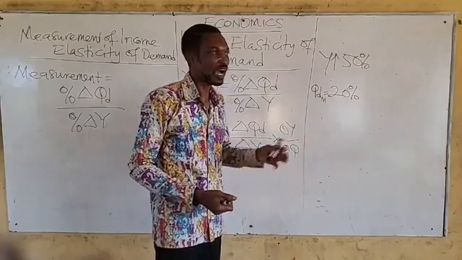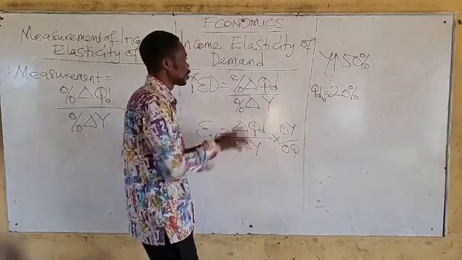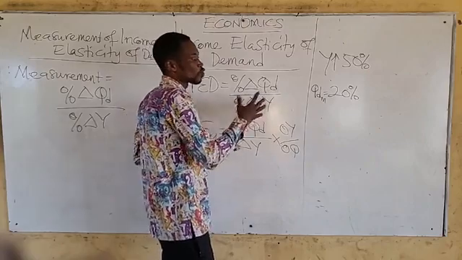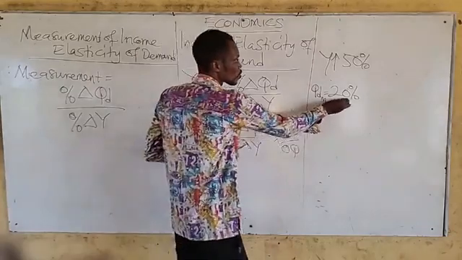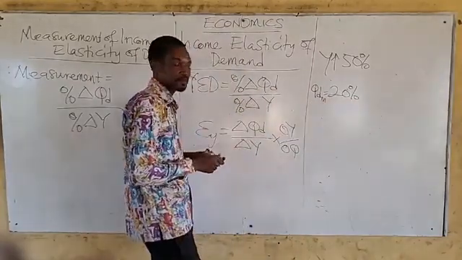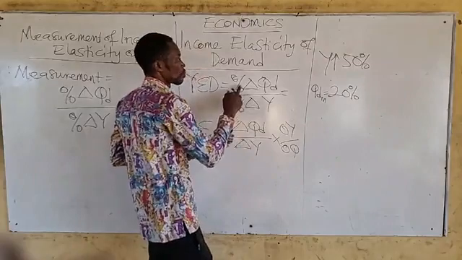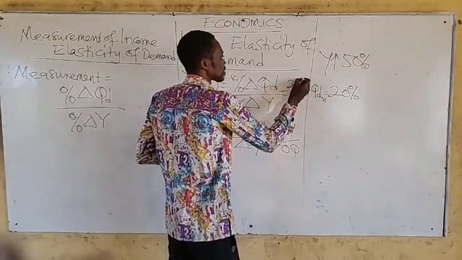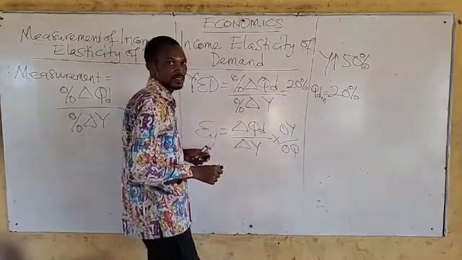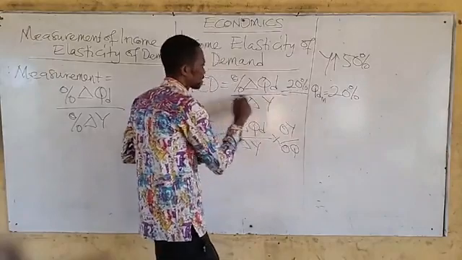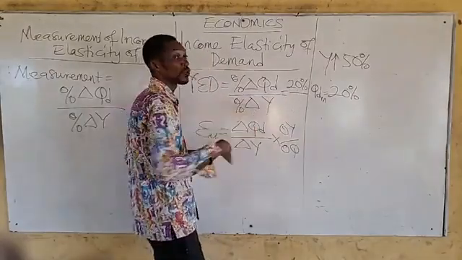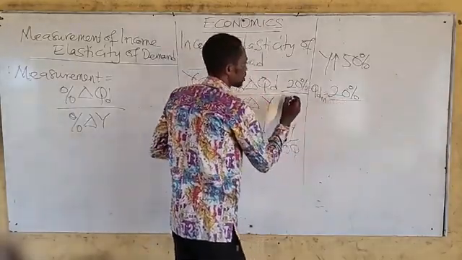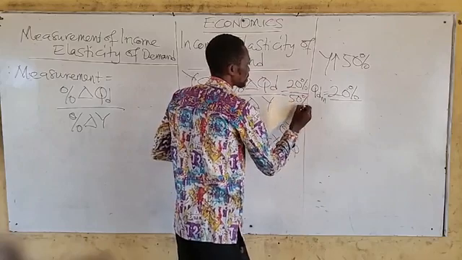The formula says it should be the percentage change in the quantity demanded divided by the percentage change in the income. So all you have to do is take this 20% and put it here: the percentage change in the demand for the marker is 20%, divided by the percentage change in income. We said the person's income increases by 50%, so divided by 50%.